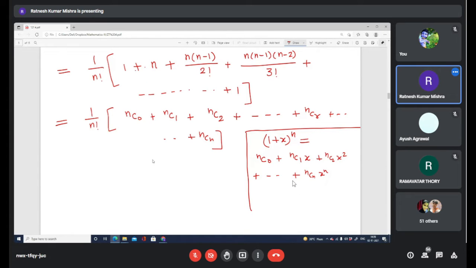Now in this one, if you put x equal to 1, the left side is (1 plus 1) power n, which is 2 power n, and this is nC0 plus nC1 plus nC2 dot plus nCn. So therefore we can write the terms in the bracket. If you add this one, all are represented by 2 power n, so 2 power n by factorial n. So this is the right side.